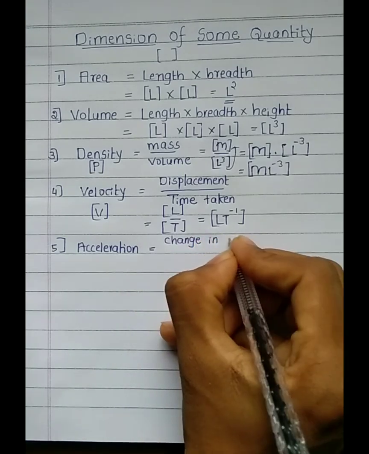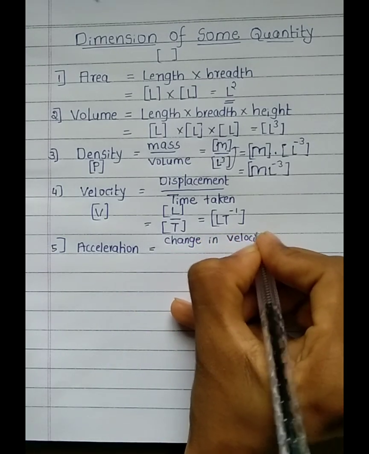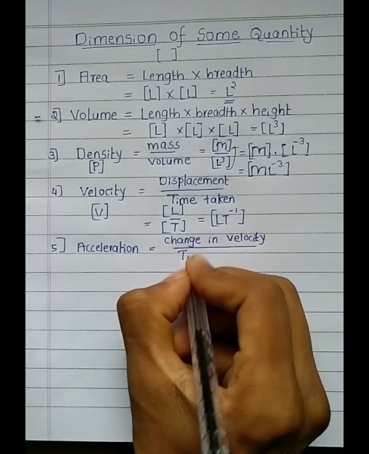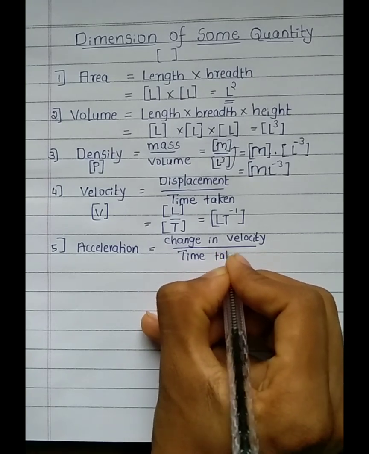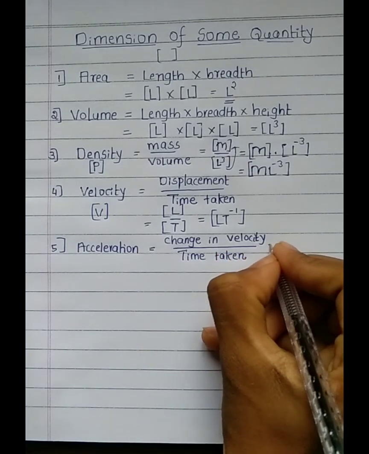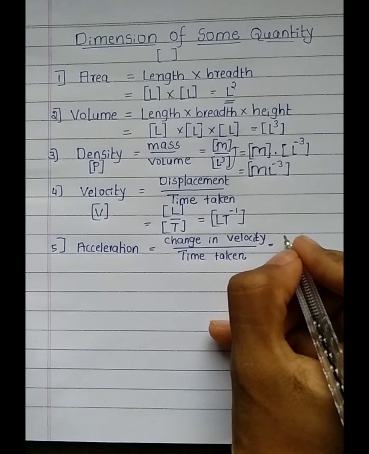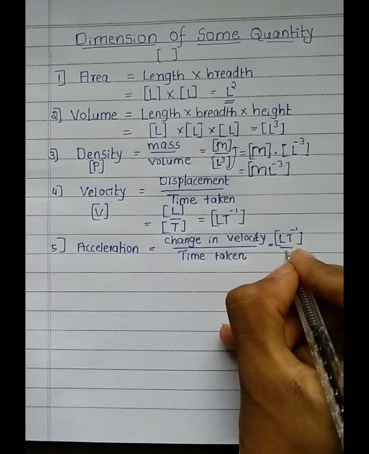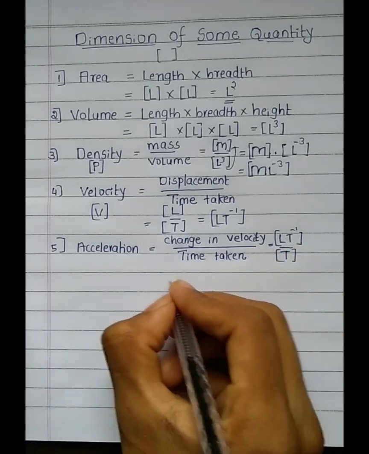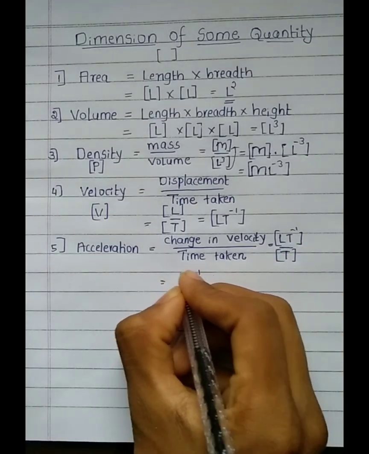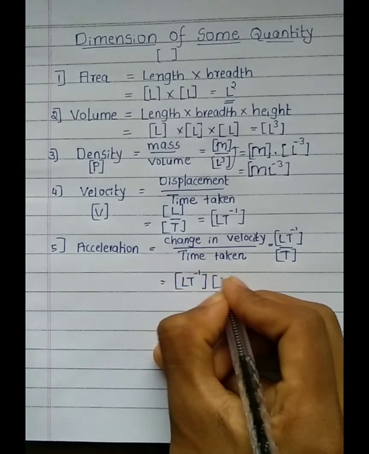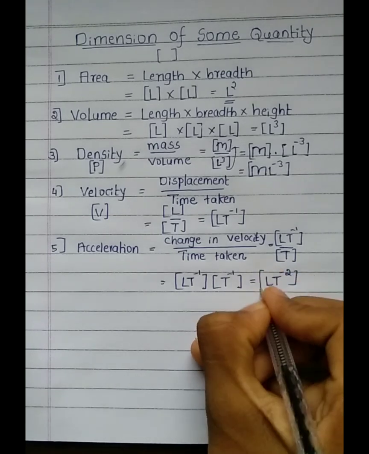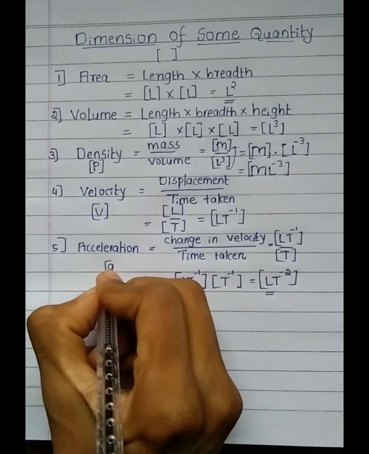Acceleration is change in velocity by time taken. Velocity is L T power minus 1 and time taken is T. So the answer is L T power minus 2.